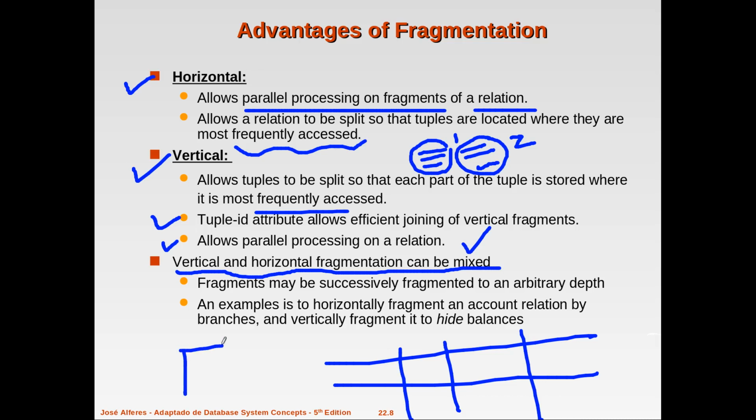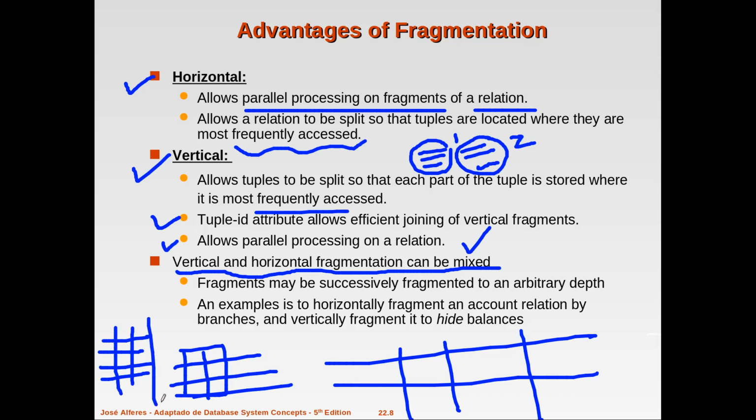That means some columns are selected, and this can further be vertically or horizontally fragmented. Similarly, if we have a horizontal fragment available, this can be further vertically fragmented. So these two can be combined. These are the advantages of fragmentation.